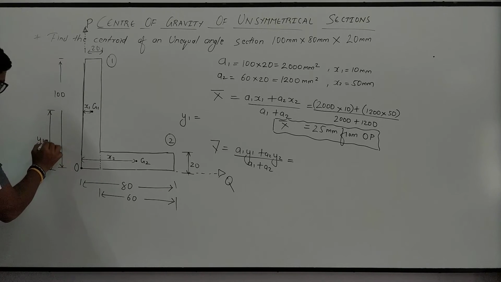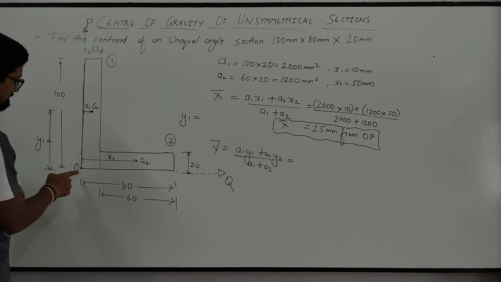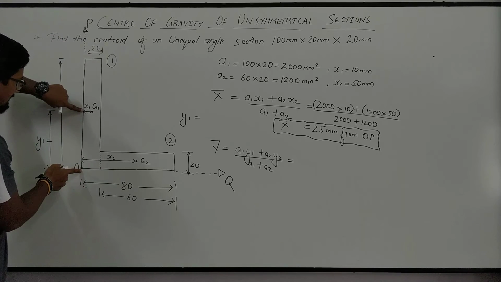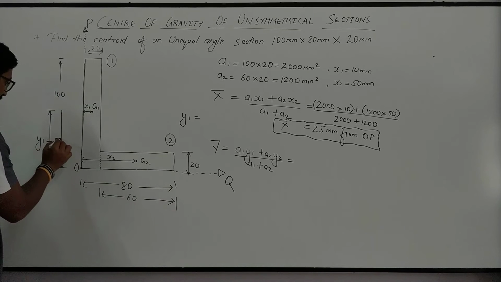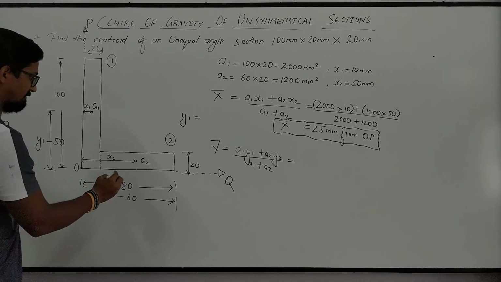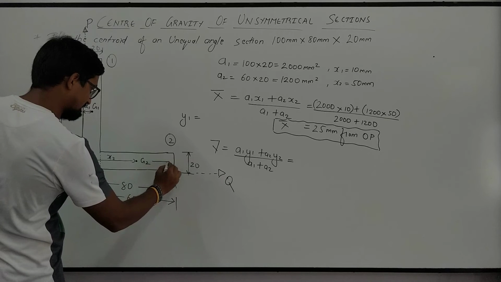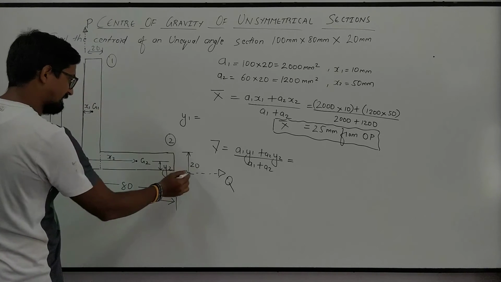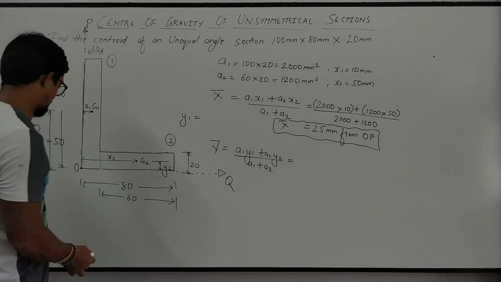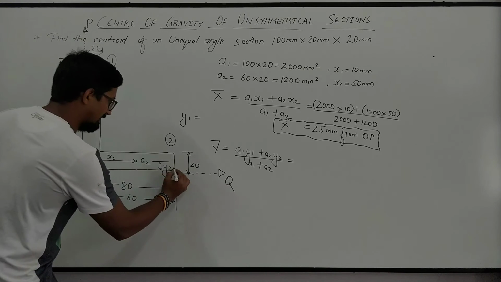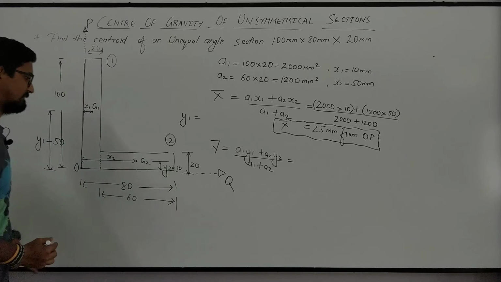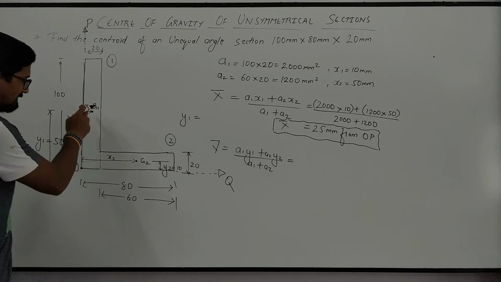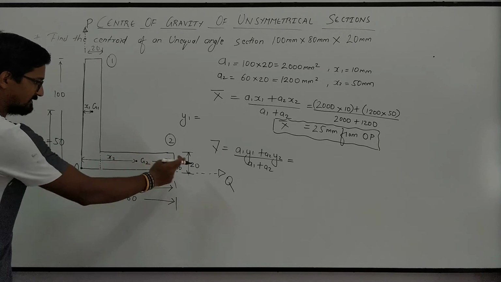Since this rectangle is 100, it is exactly at the center, 50. So y1 will be 50 and y2 is 20 divided by 2, 10. y1 is 50 and y2 is 10, correct? These are the vertical distances of the respective CGs from reference axis OQ.